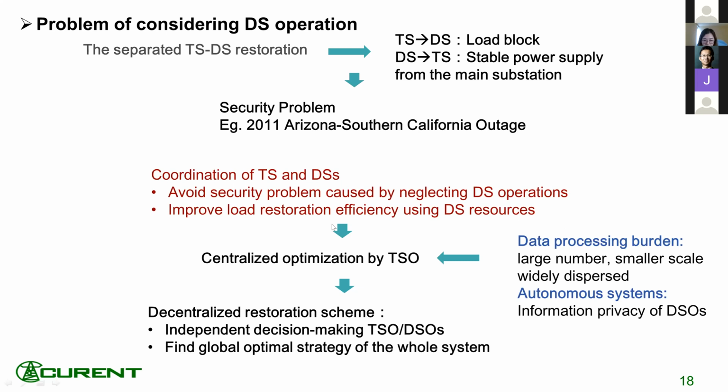So a decentralized scheme may be more suitable for our problem because it allows independent decision making of different system operators, and at the same time it can provide a globally optimal result for the whole system.